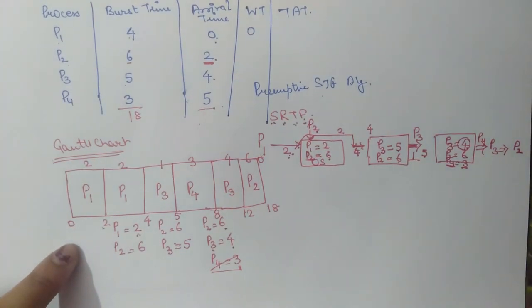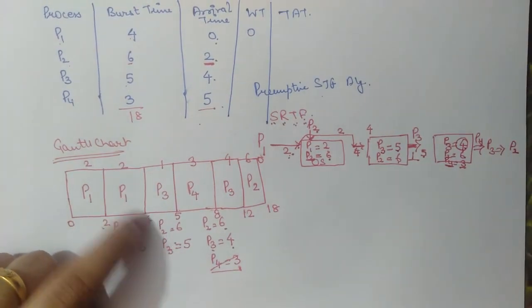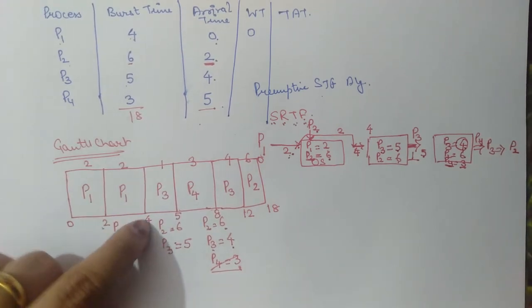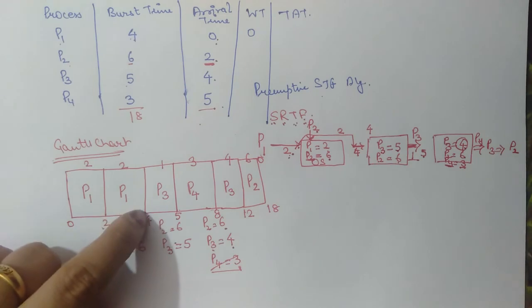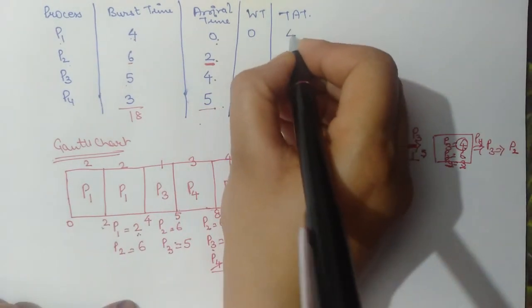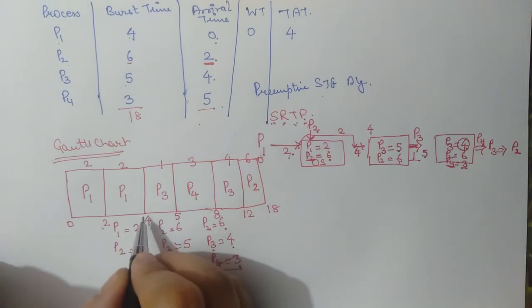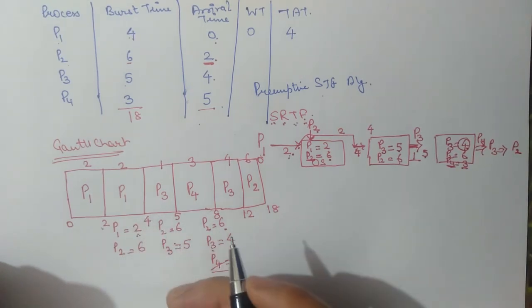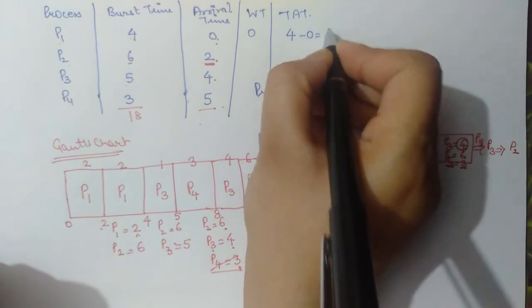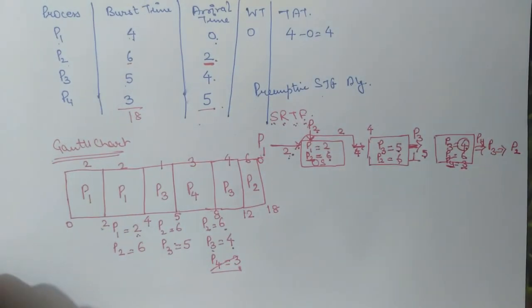It exits memory after its completion at 4. Turnaround time is basically the completion time minus its arrival time. Its arrival time is 0, so the turnaround time is 4 only.